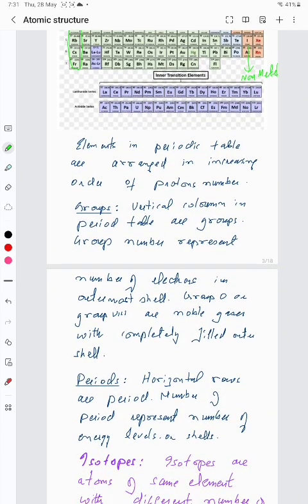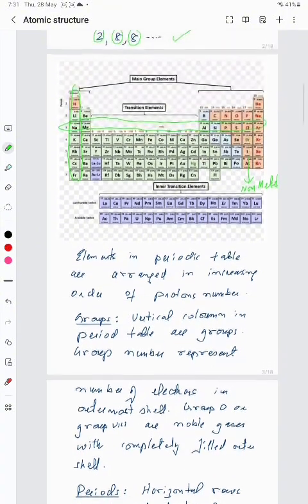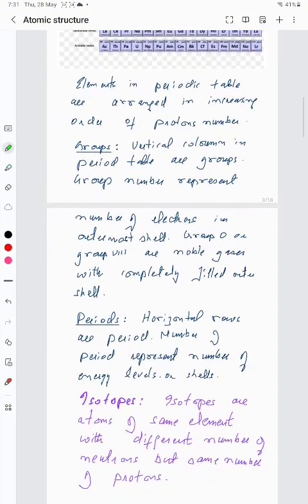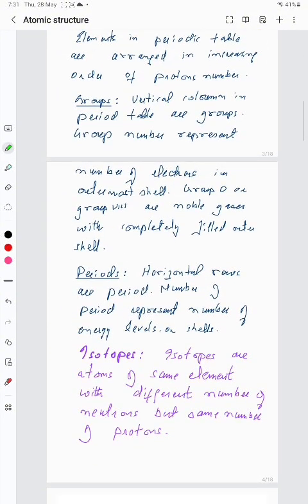A group number tells you the number of electrons in the outermost shell. For example, in group 1, the number of electrons in the outer shell is 1. In group 2, the number of electrons in the outer shell is 2, and so on. Period tells you about energy levels, and suppose an element is in period 3, this means it has 3 energy levels.